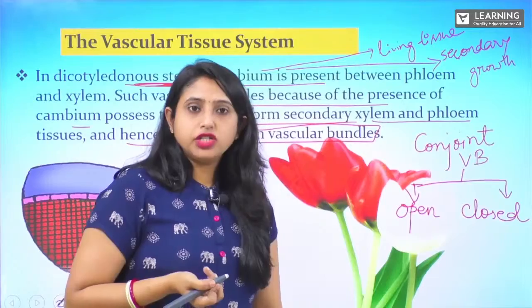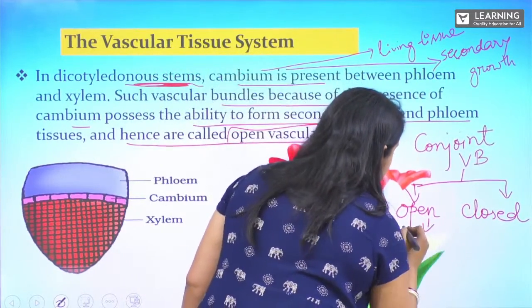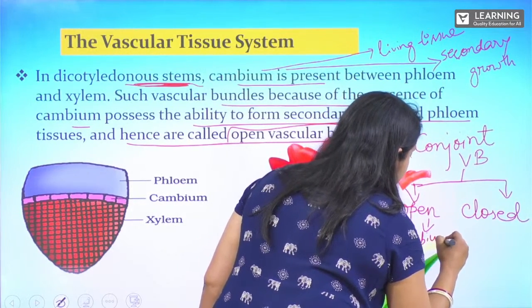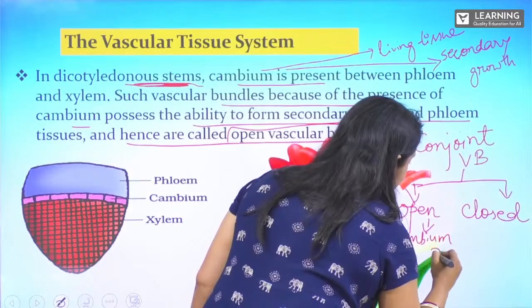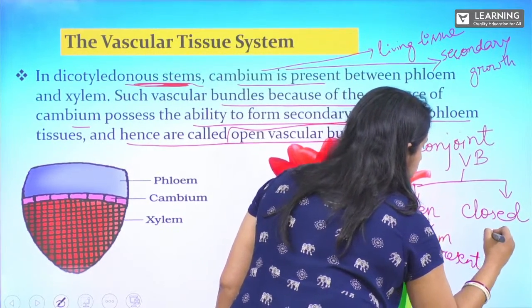In case of this open vascular bundle, cambium is present, whereas in case of closed, it is absent.